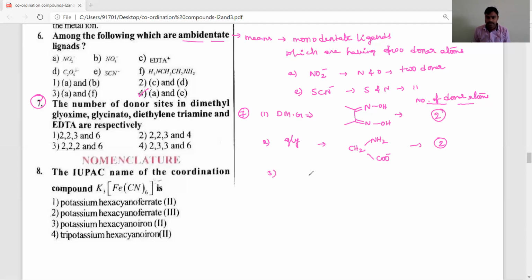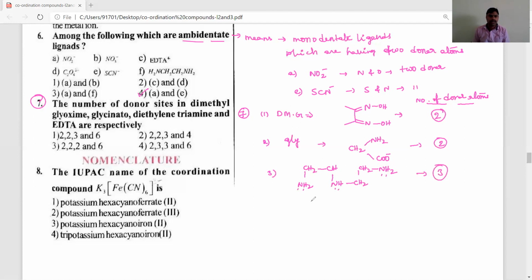Let's see its structure: CH2, CH2, NH, CH2, CH2, NH2. Here three donor atoms are present, three nitrogen donor atoms.